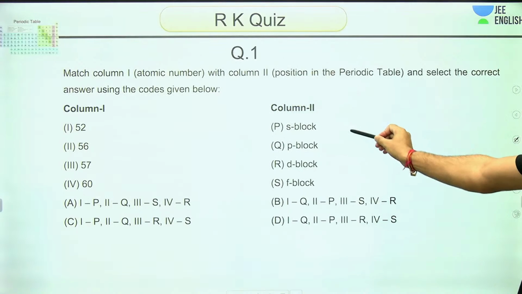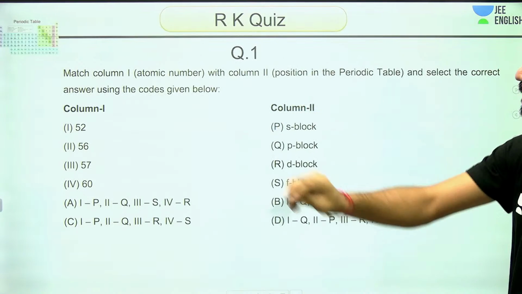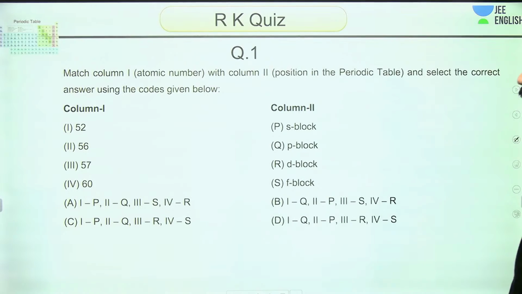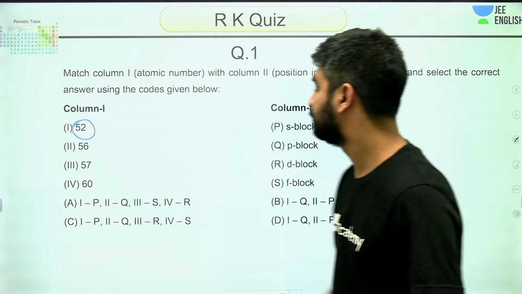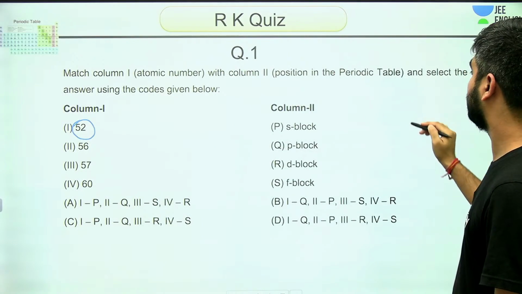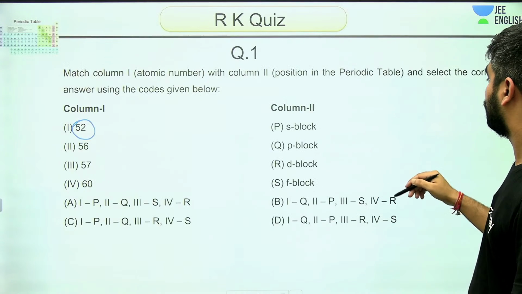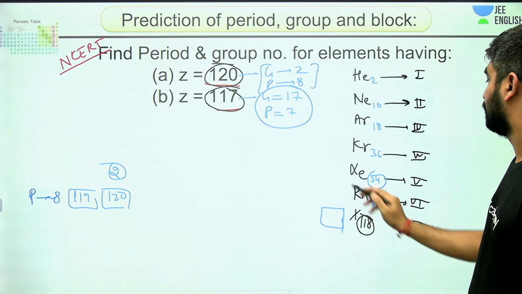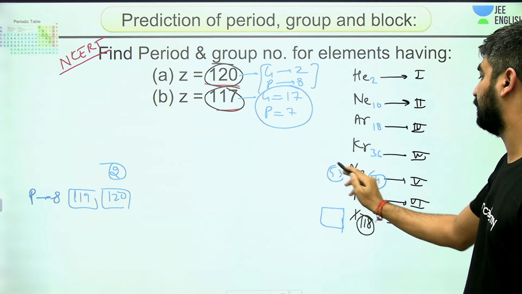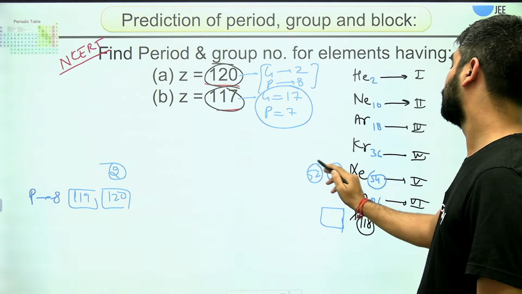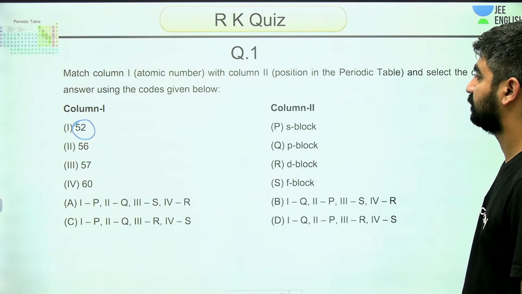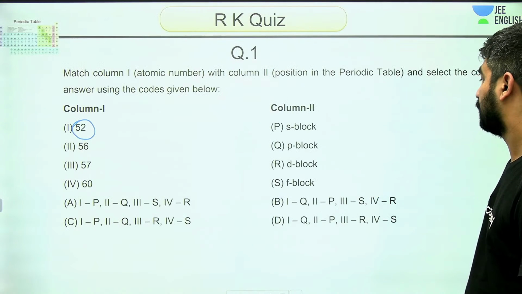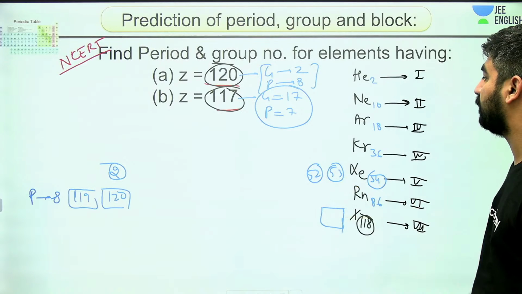Match column 1 with column 2 and select the correct answer. So in column 1 this shows 52. So write that. So 52. It will be just before that. So here we will be having 53 and here we will be having 52. So 16th period. And again this will be a P block element.